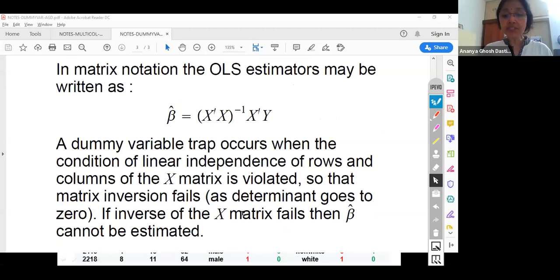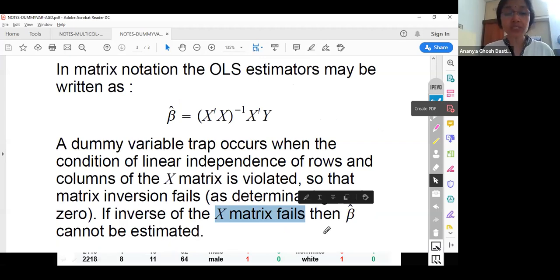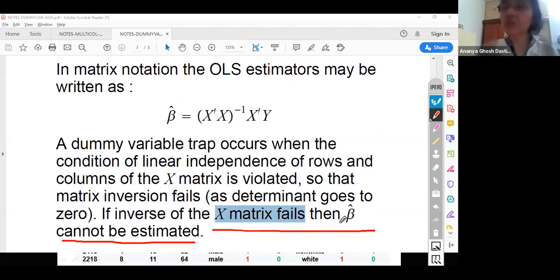If I cannot invert the X matrix, then the system of equations will not have a solution. The system of equations is represented by the n observations. So y1 equals alpha plus beta 1 x1, and so on. Y2 equals alpha plus beta 1 x1 plus beta 2 x2, and so on. So those are the n observations. That is your system of equations.